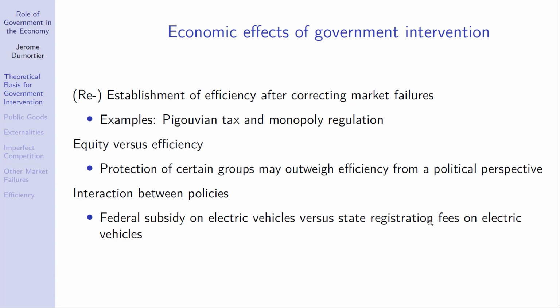A Pigouvian tax, for example, is if you have a negative externality or a product that causes damage to society, then if you are taxing this good, the efficiency can be re-established. If you have a monopoly, then you can regulate the monopoly, for example, by setting a price ceiling in order to restore efficiency.